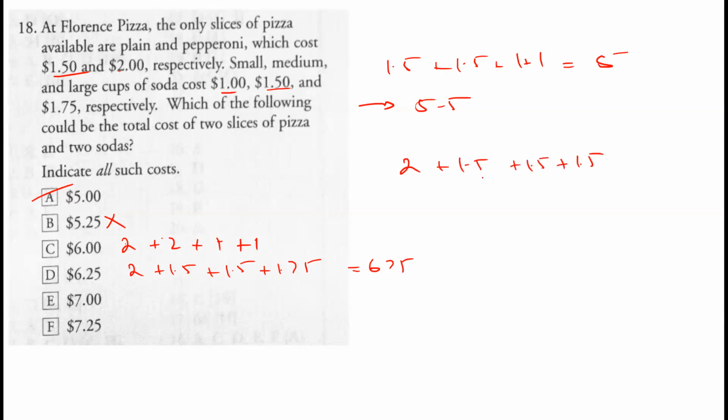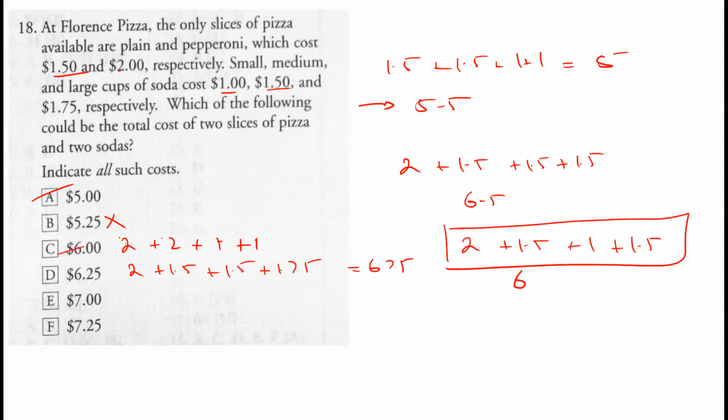So this would be what? 1.5 plus 1.5 plus 1.5 would be 4.5 plus 2, 6.5. Or we can have 2 plus 1.5 plus 1 plus 1.5. So this would be 2 plus 1.5 plus 2.5. It's 6. So we can have this combination that gives you a 6.